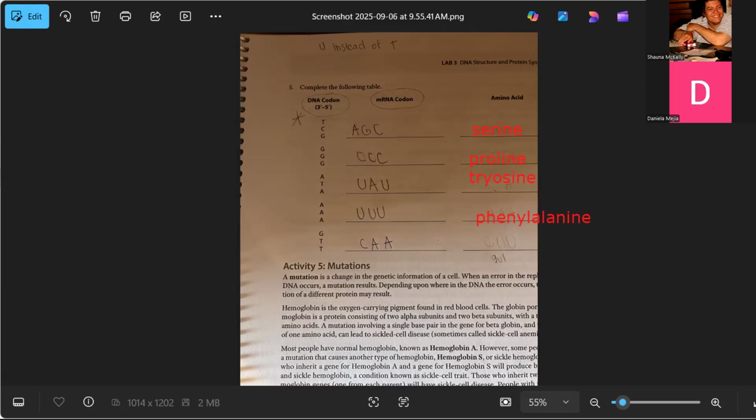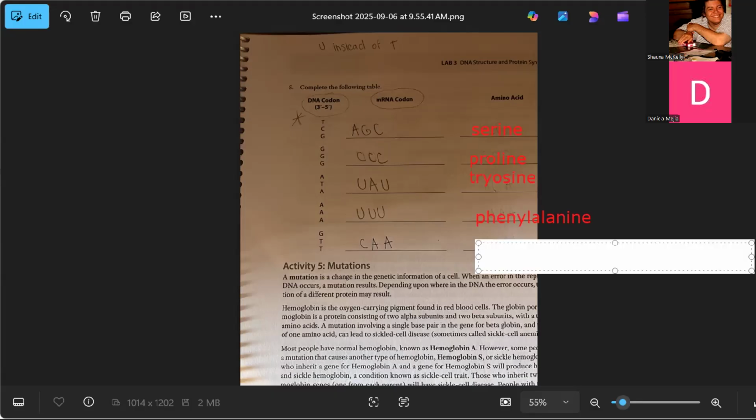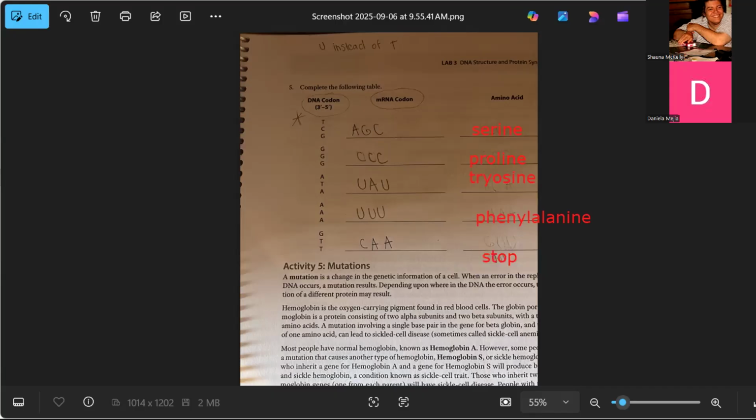So serine, proline, triazine, phenylalanine, and stop. So there's a total of 12.